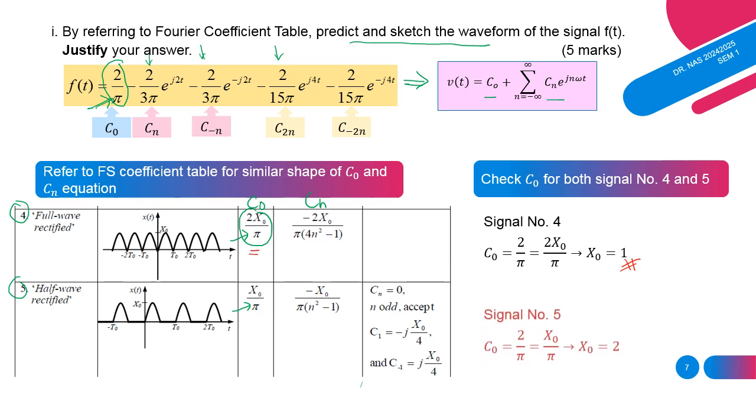If you choose signal number 5, again C0 equals 2/π, and the equation shown for signal number 5 is x0/π. So from here you get x0 equals 2. But still you don't know which one is your actual signal.